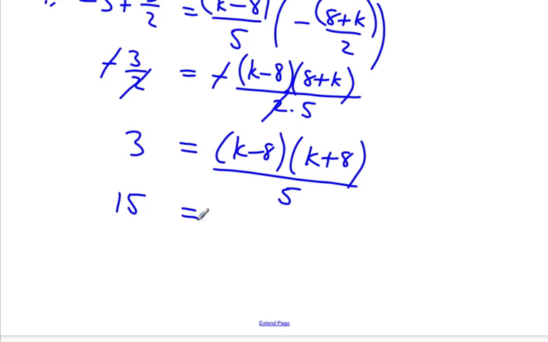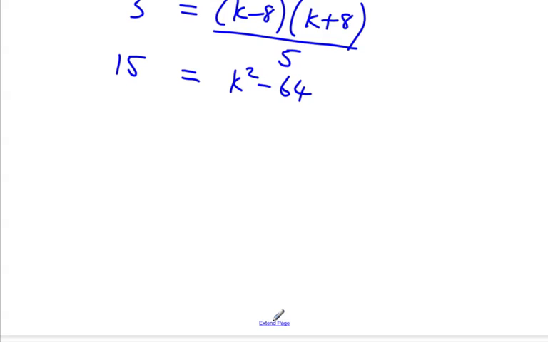And what's k plus 8 times k minus 8 multiplied together, expanded? K squared minus 64. Difference of two squares, in fact. I've multiplied both sides by 5.